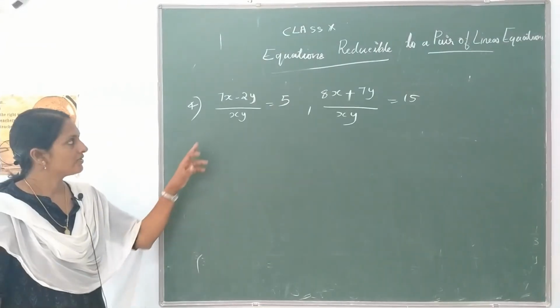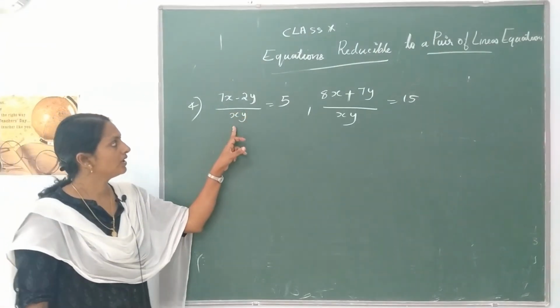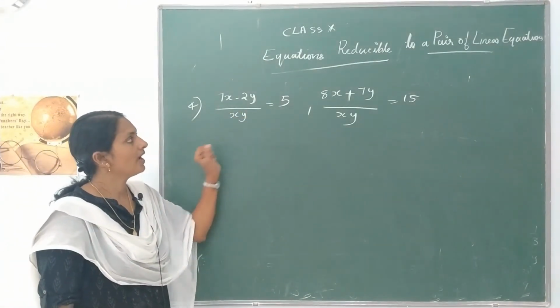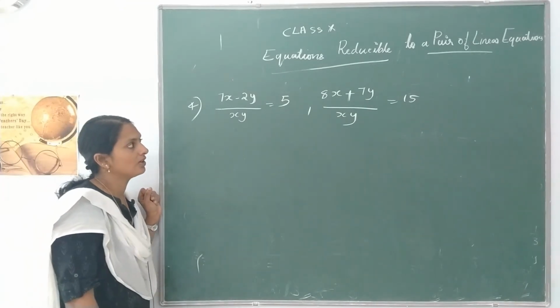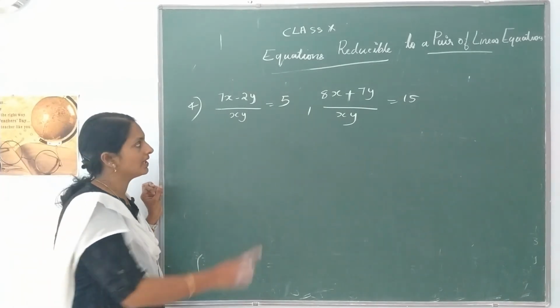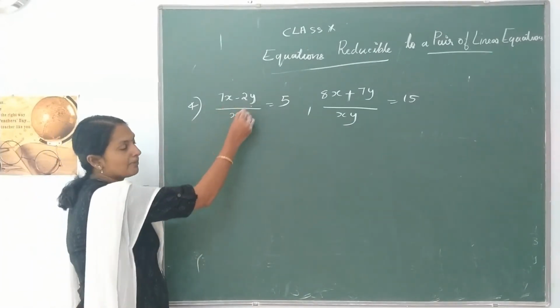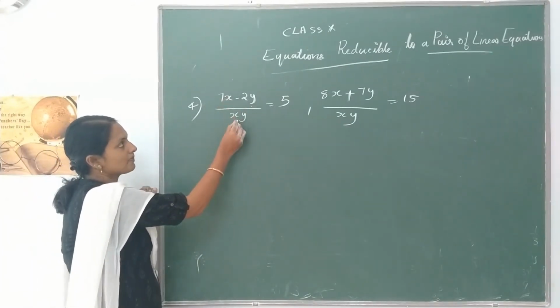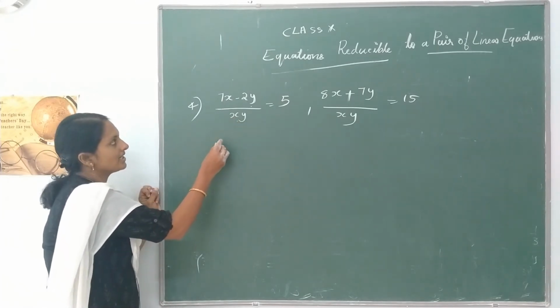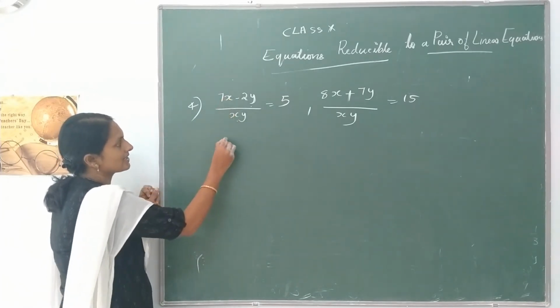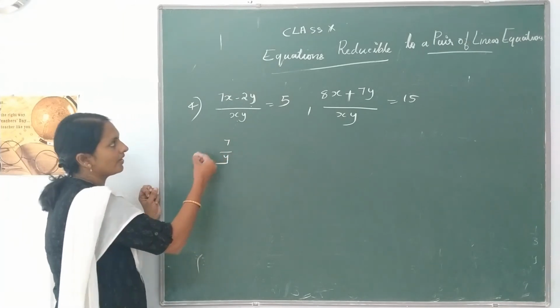That's all. Next one, 7x minus 2y whole divided by xy is equal to 5 and 8x plus 7y whole divided by xy is equal to 15. This type of question we will divide each term by that xy. That is 7x by xy, that is equal to cancelling x and x, that is 7 by y.